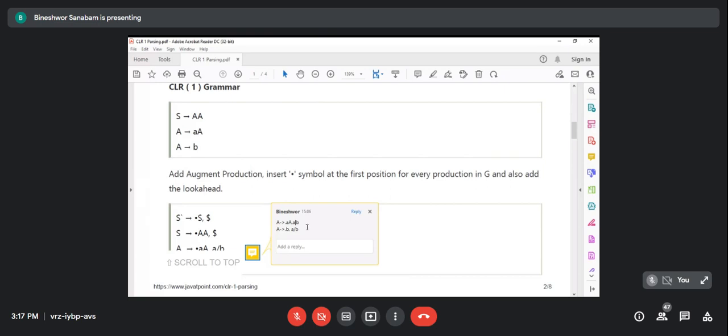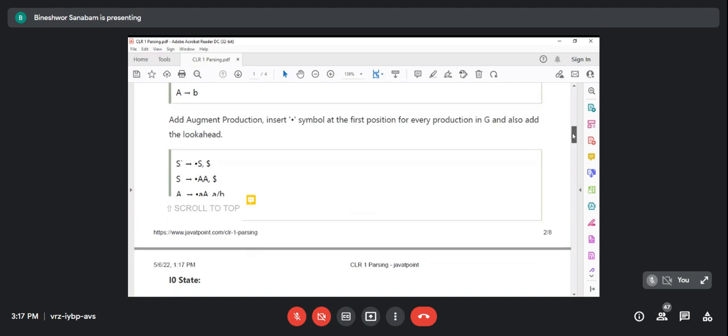So we have to include the look ahead like this: a or b, a or b. This is how we obtain our first state of the parsing. This will be our I0 node.